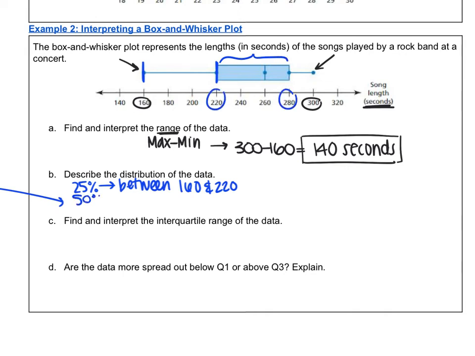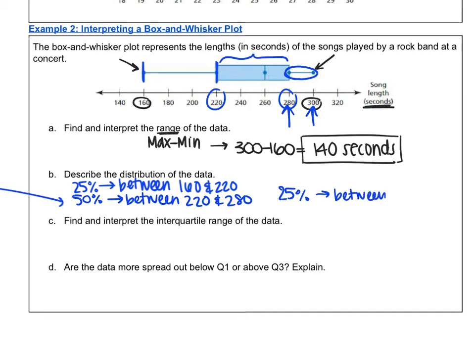So 50% is between 220 and 280. And then the last 25% is in this whisker, which is between 280 and 300. So then I would say 25% are between 280 and 300.